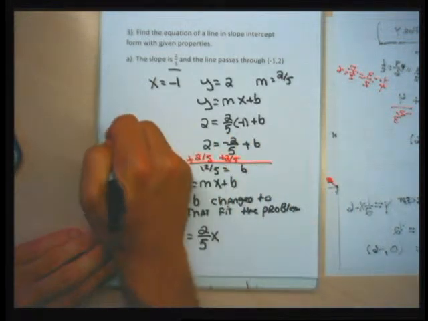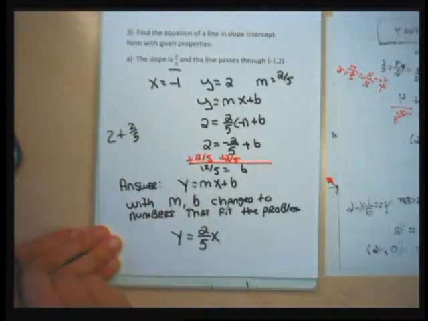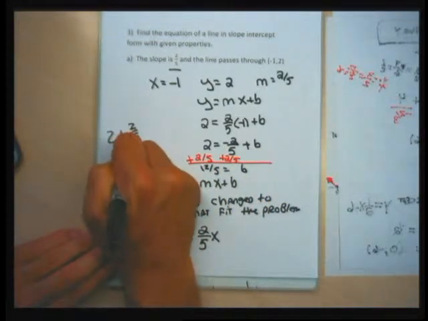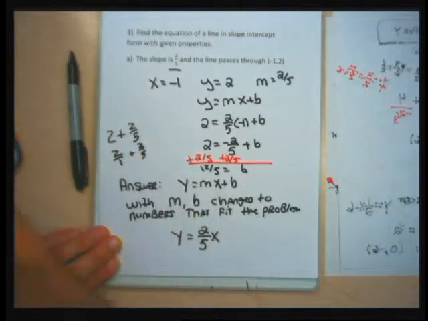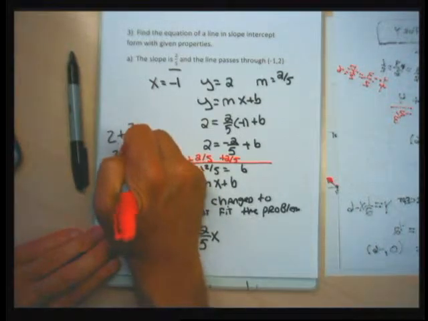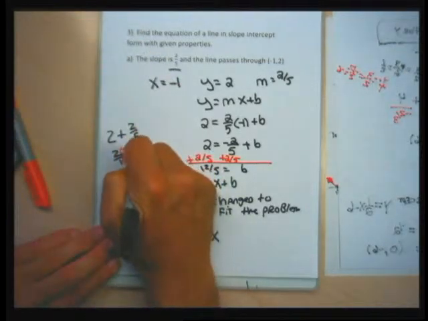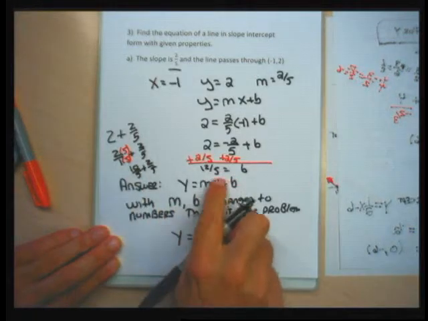Without my calculator, to do the 2 plus 2/5, it's not hard, but it's not maybe obvious. If I wanted to add without a calculator 2 plus 2/5, I'd write the 2 as 2/1, and then I'd multiply it by 5/5. So I'd say this is 10/5 plus 2/5, and I'd still get my 12/5.